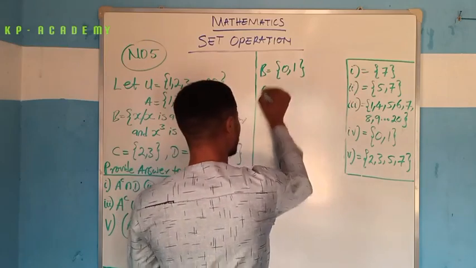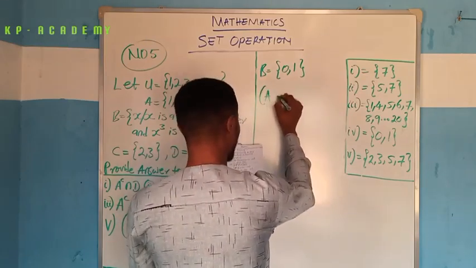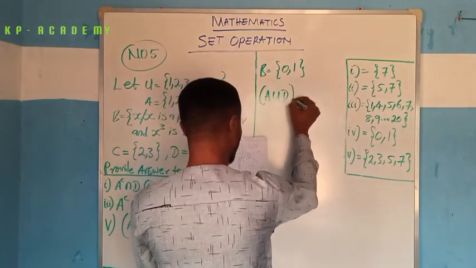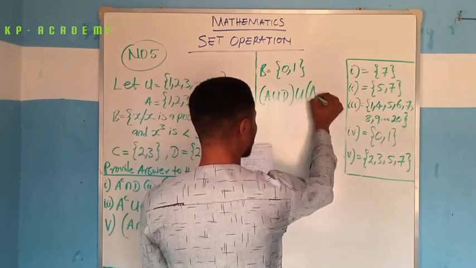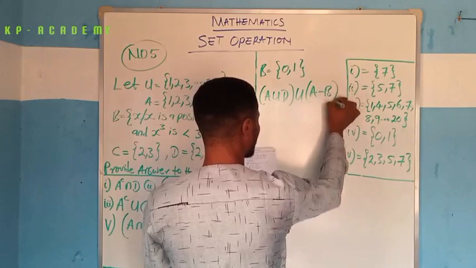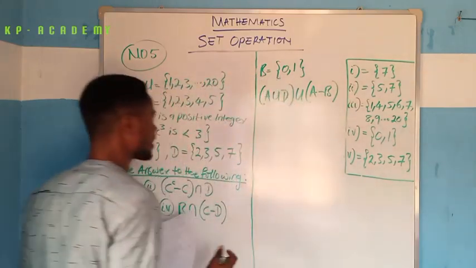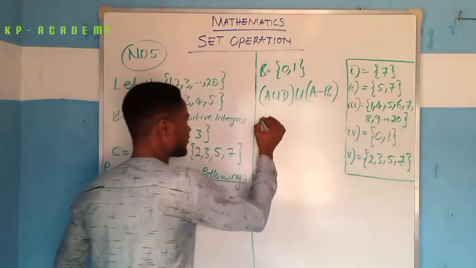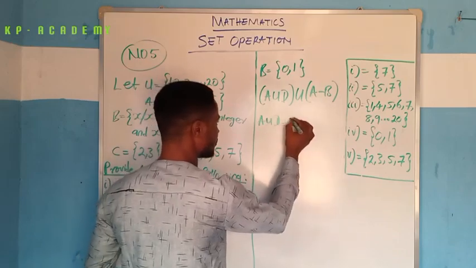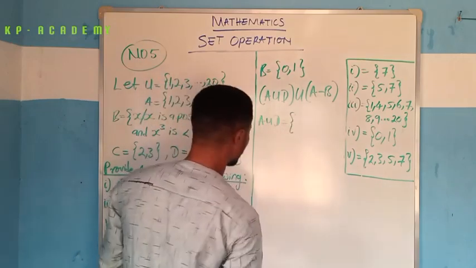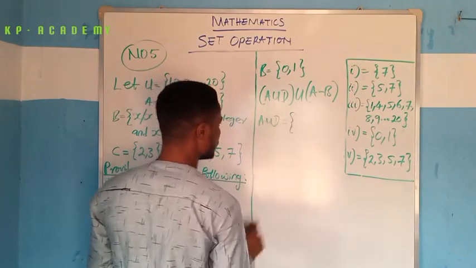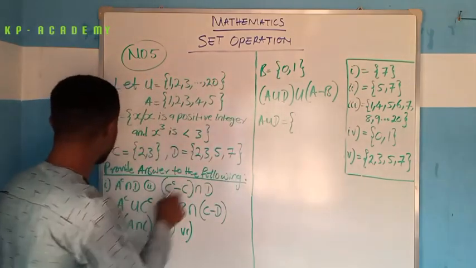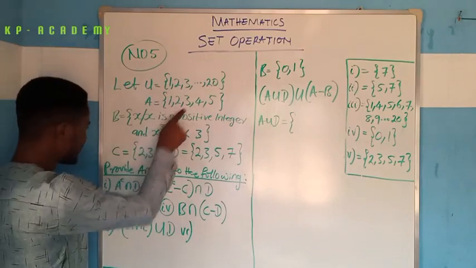Now, if we are given A union D close, union A minus B close, and we are asked to find this, what are we going to do? First, let us find A union D. Set A is nothing but this and set D is this.